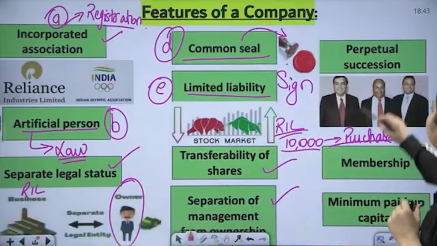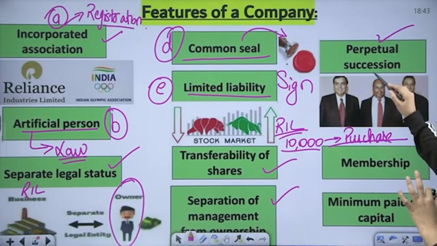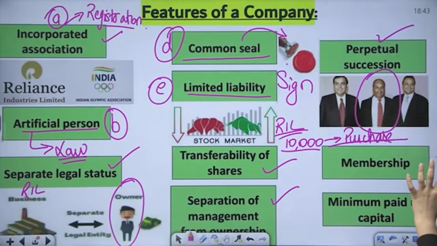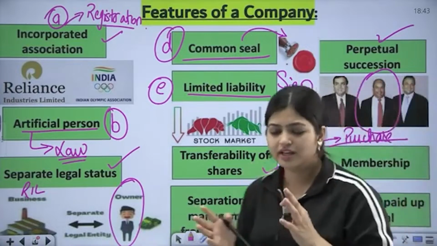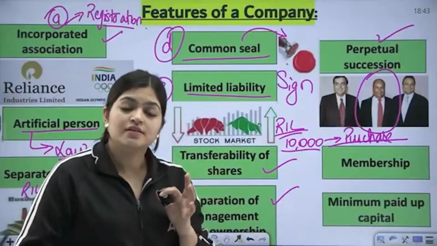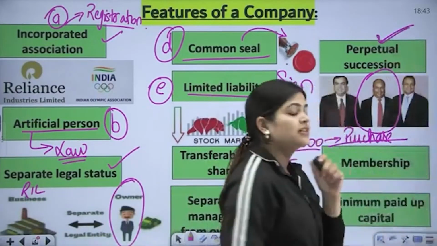Then after that, we have perpetual succession. Now we know one thing, that Dhirubhai Ambani ji started Reliance Industries, but he's no more. But we can see Reliance Industries is still there. Why? Because of this perpetual succession.